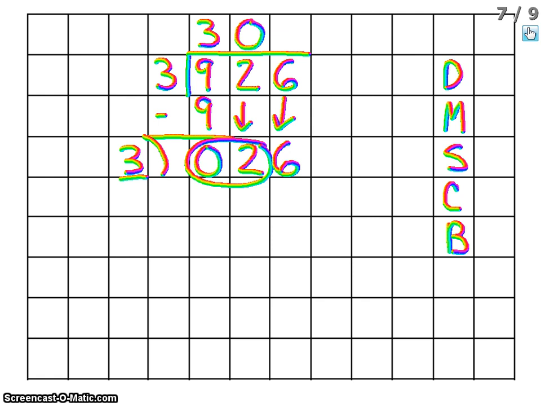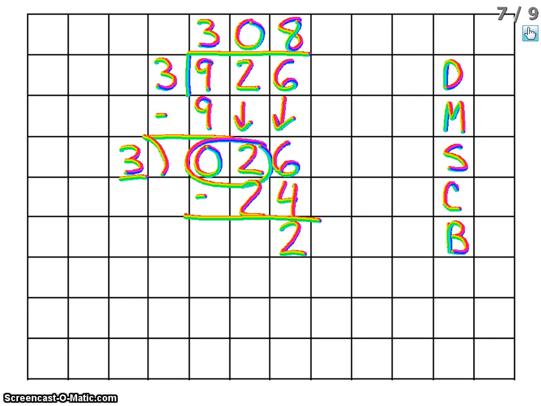3 into 26, I am able to do that because 26 is bigger than 3. 3 goes into 26 8 times. 8 times 3 does give me 24. So now I multiply. Now it's time to subtract. 26 minus 24 is 2. I check my 2. I see that it is smaller than my divisor, so that means I'm good.